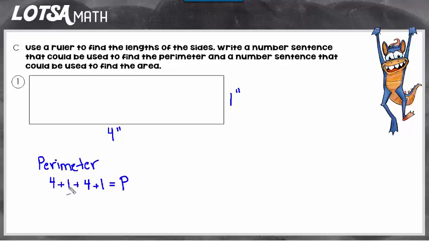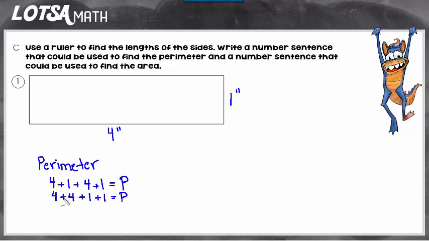So we're not actually finding the perimeter, we're just writing a number sentence that could be used to find the perimeter. You could also do 4 plus 4 plus 1 plus 1 equals P. There's lots of different orders that you could add the sides to find the perimeter. There are a couple of different number sentences that you could use as well.